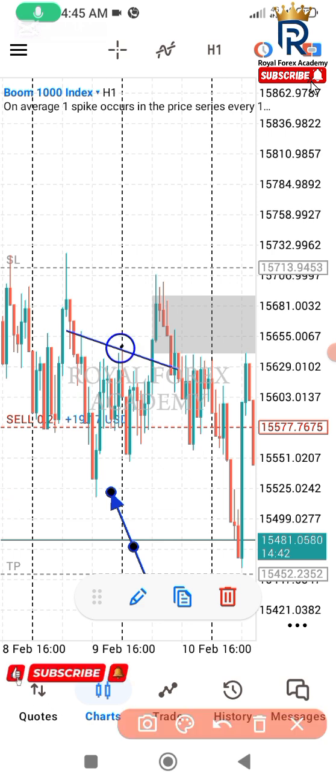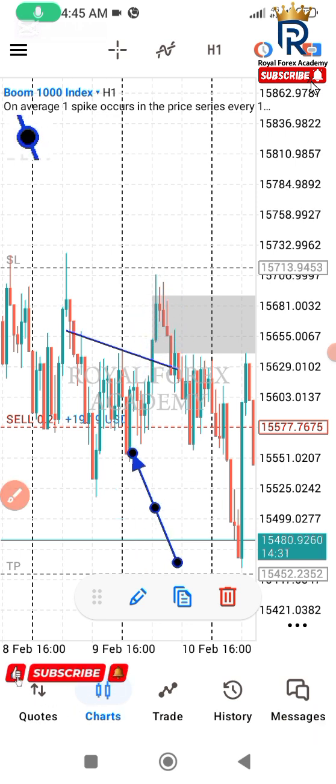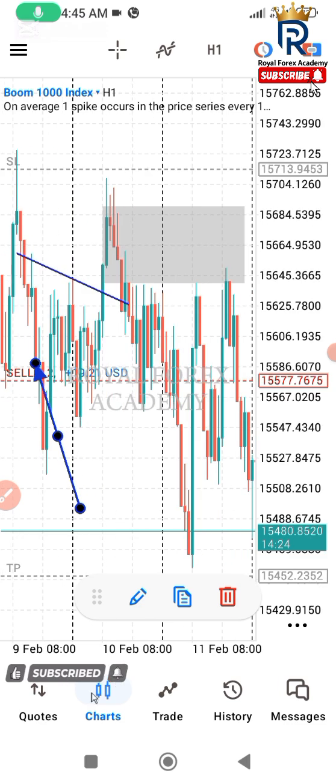So this liquidity here was taken by this price that pulled to this upside. So immediately I identified that I need to get my institutional candle. So what I did was to mark the candlestick that took away liquidity.